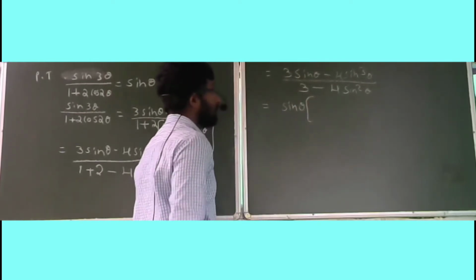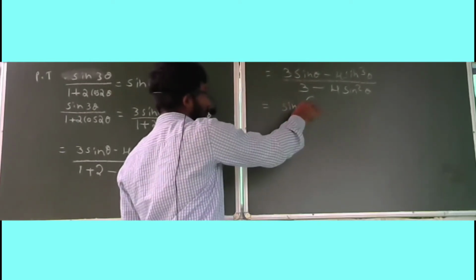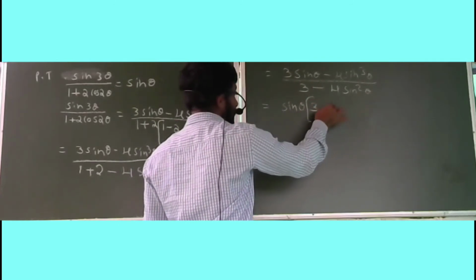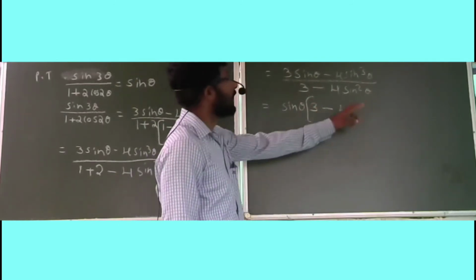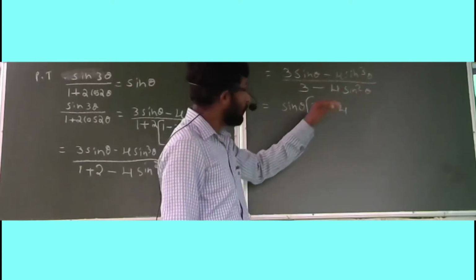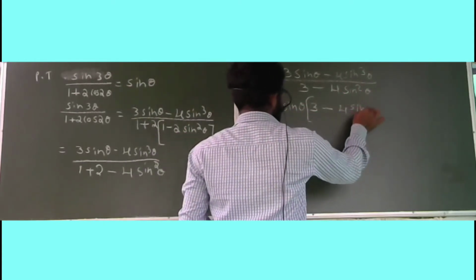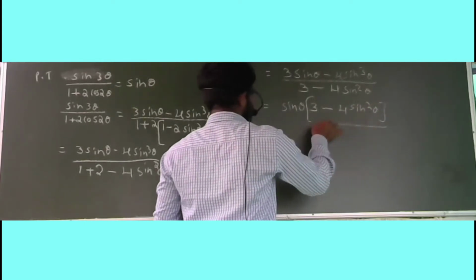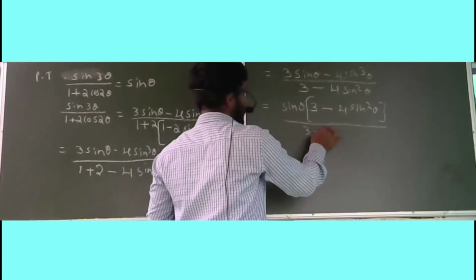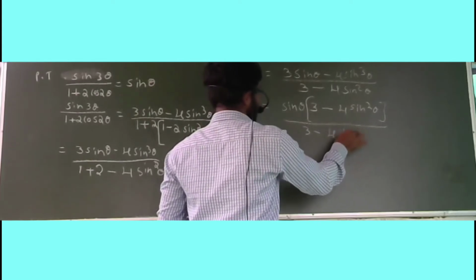Write the remaining terms. Since sine theta is outside, 3 is remaining, minus 4 into sine cube theta divided by sine theta gives sine square theta, divided by the denominator 3 minus 4 sine square theta.